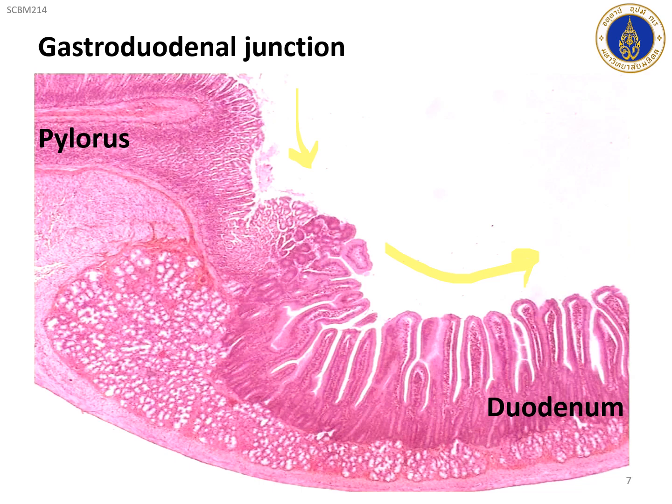The mucus Brunner's gland is abundant in the submucosa of the duodenum.